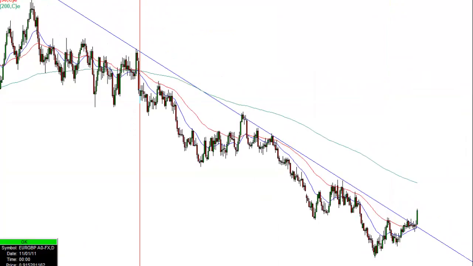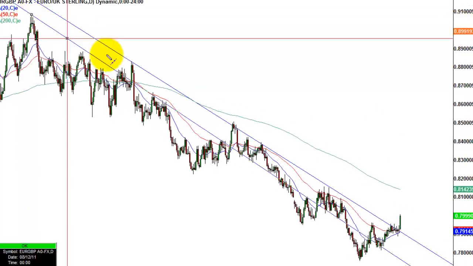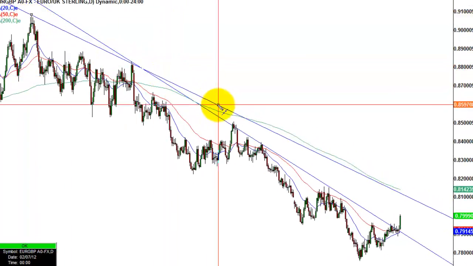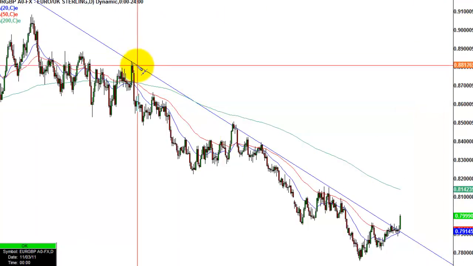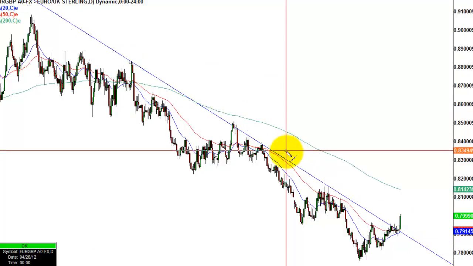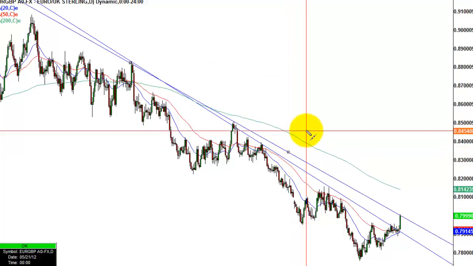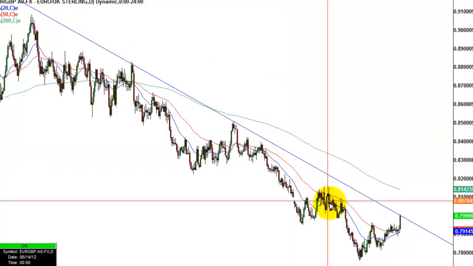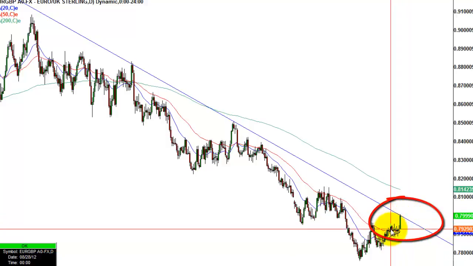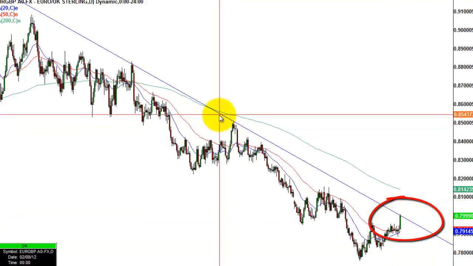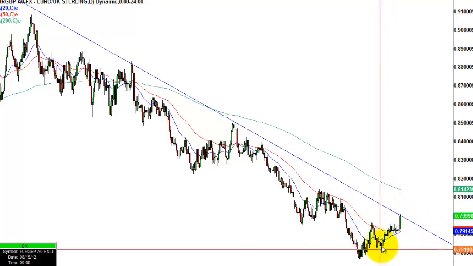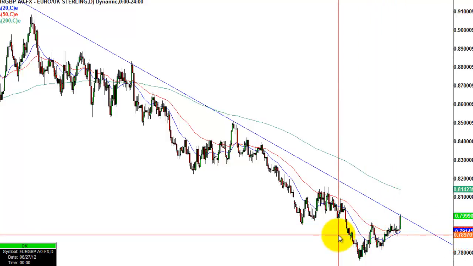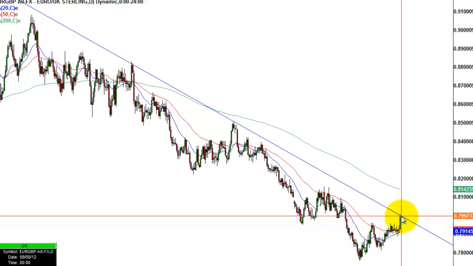Some people would have been looking at this trend line, like so, drawn from these 2 points here, and they'll be looking at the fact that we've got the third bounce right here and waiting for a reversal. However, as we've got the higher low here, and the momentum looks pretty bullish, I personally would be looking to go short into this.